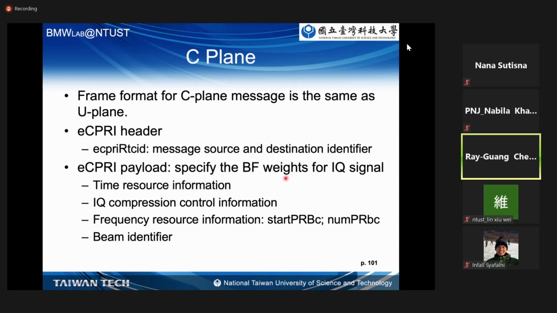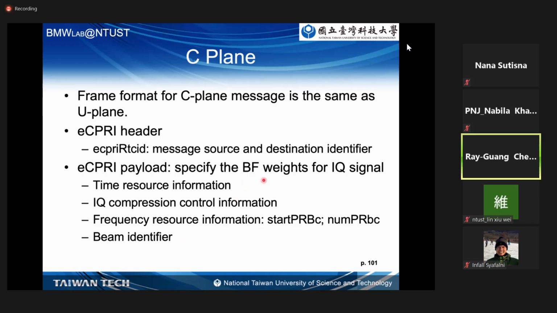So what are the weights? They will show you the time resource information, IQ compression, control information, and frequency resource information: start PRB and the number of PRBs, and the beam identifier. Which beam are you talking about?